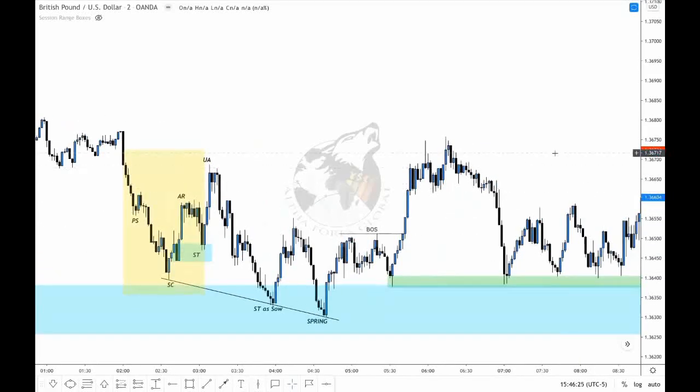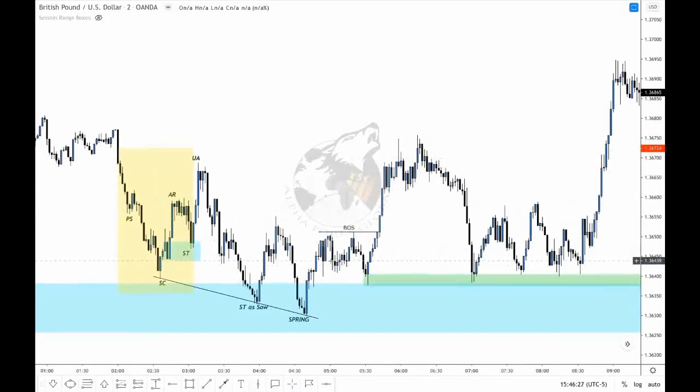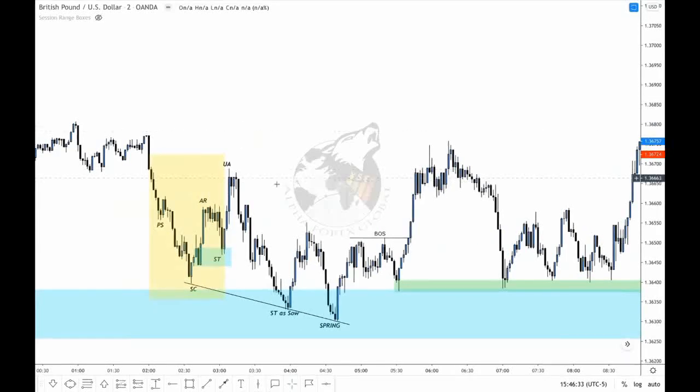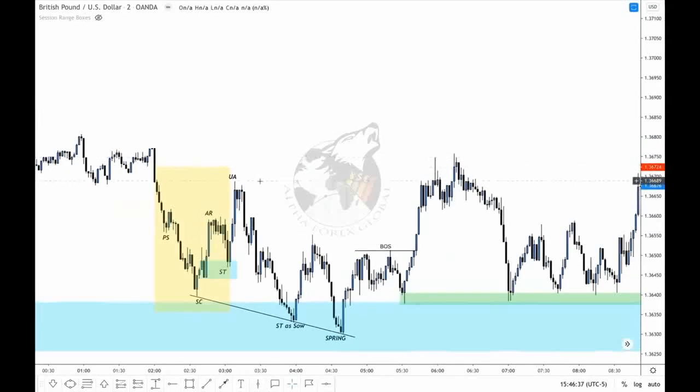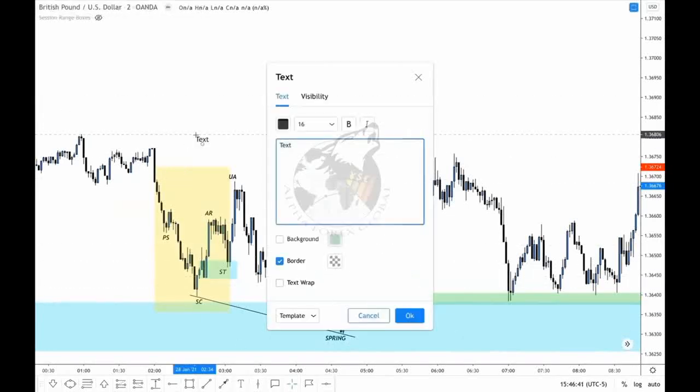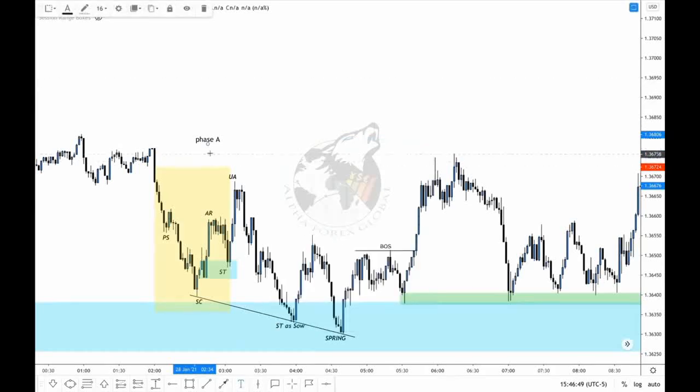So what Wyckoff helps you with now is that you get the precise entries outside of the consolidation, because you know when the consolidation is basically coming to an end, right? So this would be phase A, which is the first phase where you have the change of character, right?